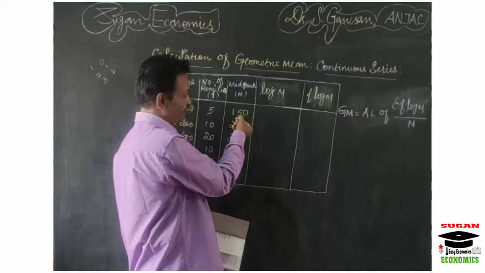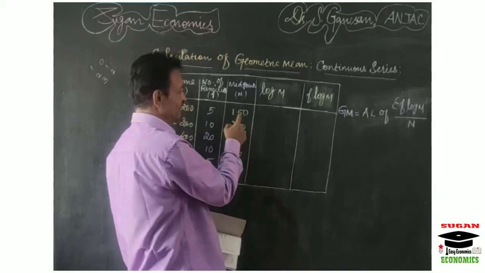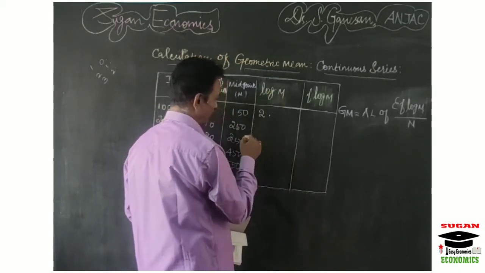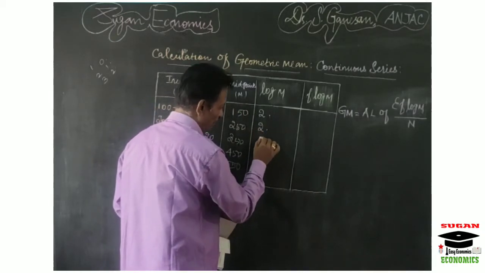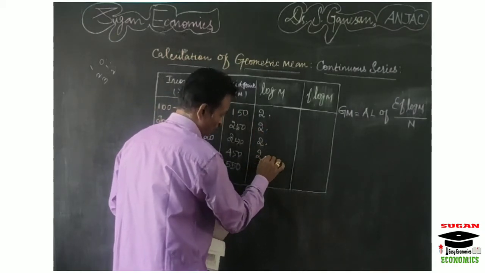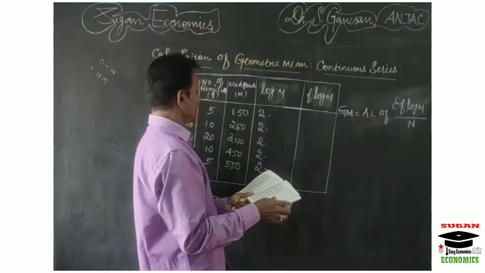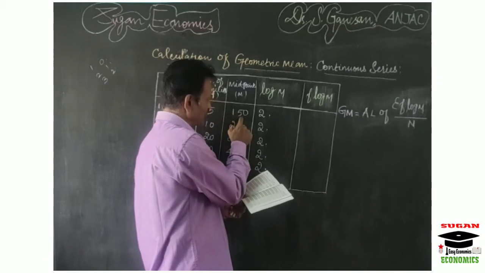The first midpoint is 150. It's a 3-digit number, so the log starts with 2 point. All the values are 3-digit numbers, so you start with 2 point each time. For 150, first you take the first 2 digits, that is 15.